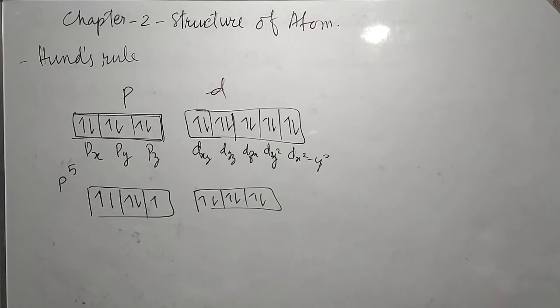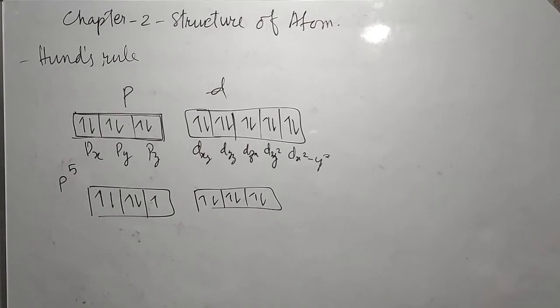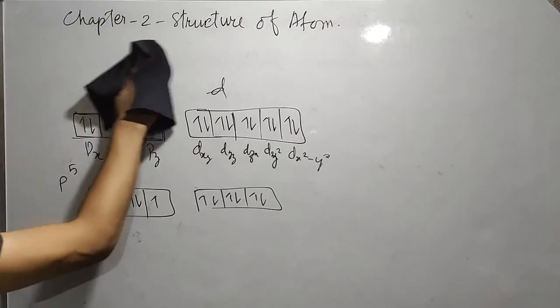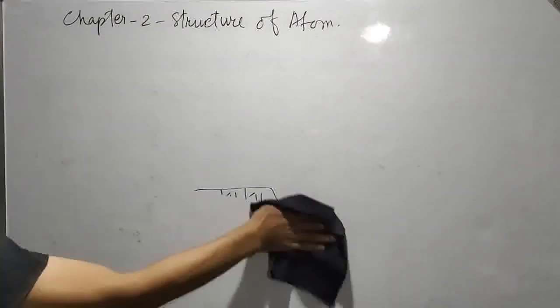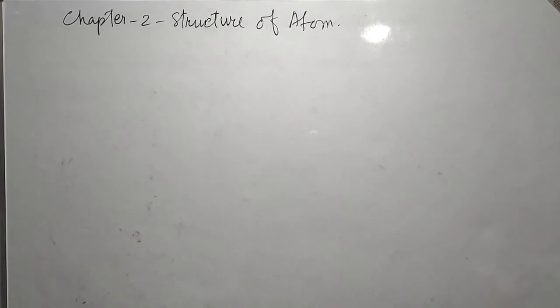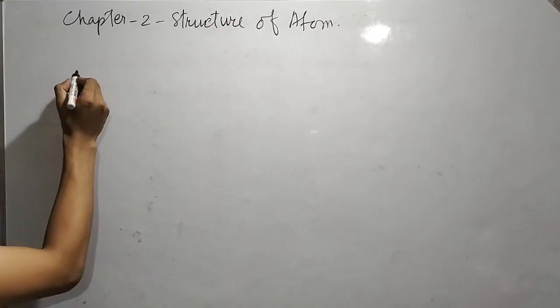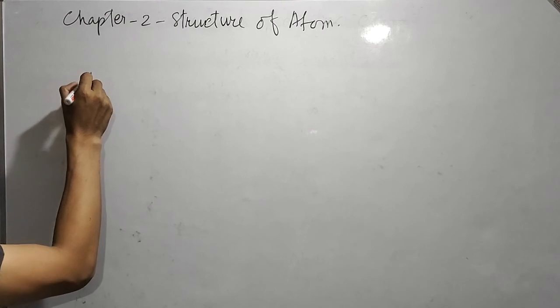Now the next one is, from this video we have already learned the basic things for the generation of the electronic configuration. Let me give you one example and I'll give you 1-2 tasks to complete. So let us take the helium atom.